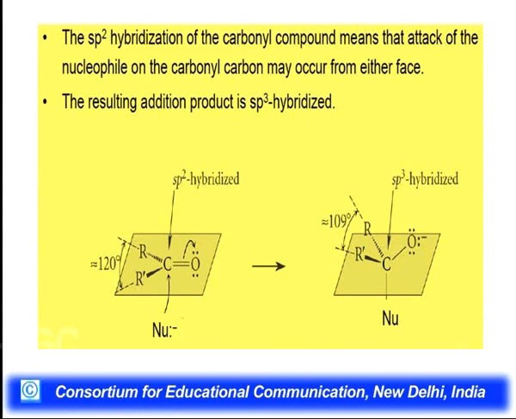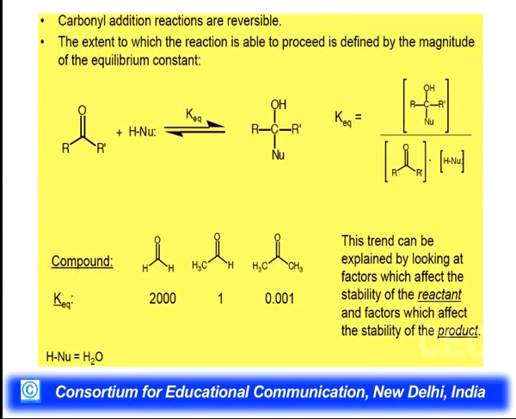Before discussing the reaction mechanism and the reactions of aldehydes and ketones, we should know which aldehyde is more reactive, or what are the factors which will affect the nucleophilic addition reactions in case of aldehydes and ketones. The rate of reaction will depend upon the equilibrium constant.